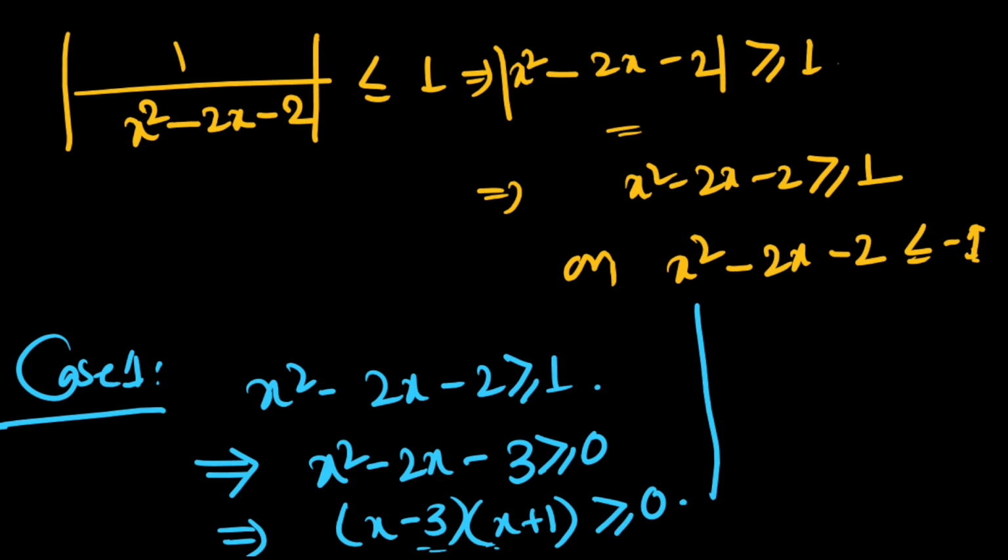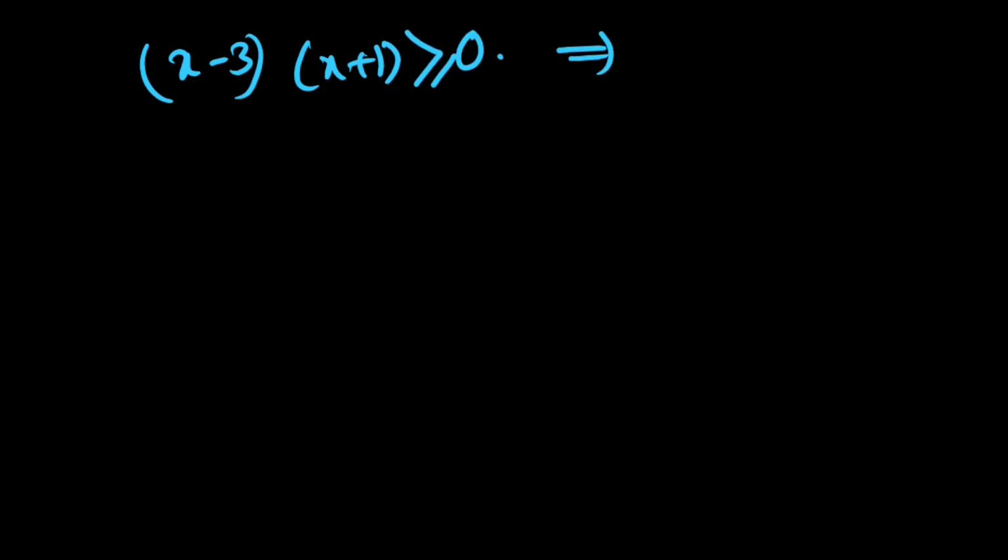We want to find the value of x from here. So we choose the values of x such that this inequality holds. So x minus 3 into x plus 1 is greater than or equal to 0. If we choose in this way, x is greater than or equal to 3 or x is less than or equal to minus 1, then this inequality holds.